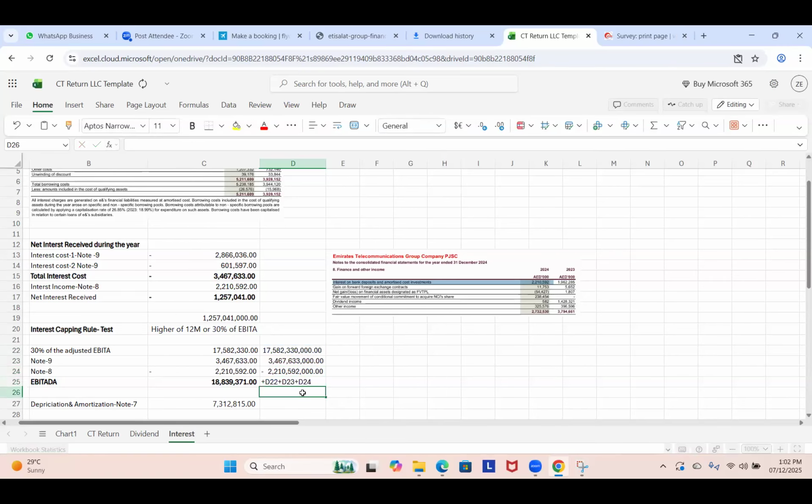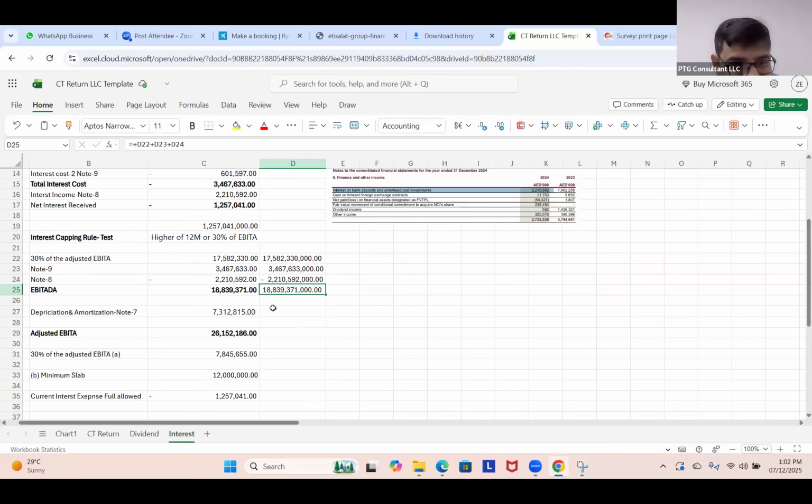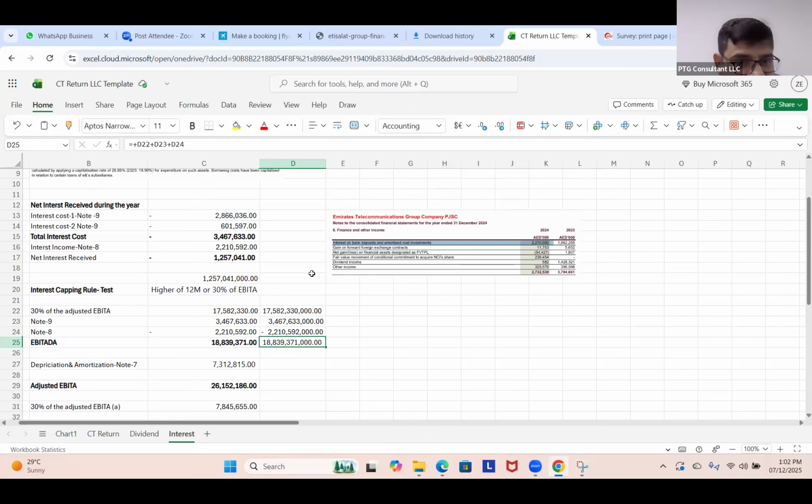So it's 18, 100,000 million billion. So ultimately, will the interest in billions be already converted or not? Yeah, that is not converted yet.